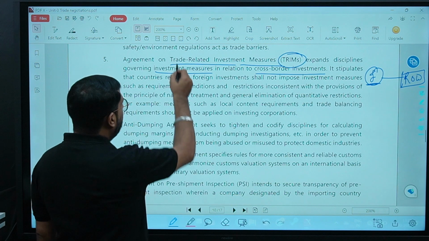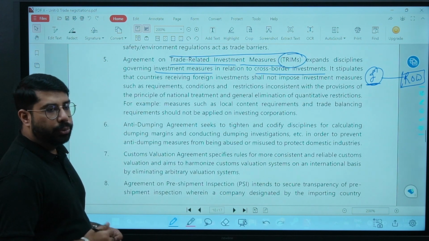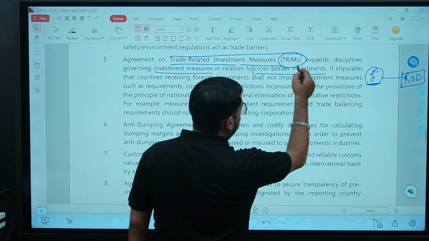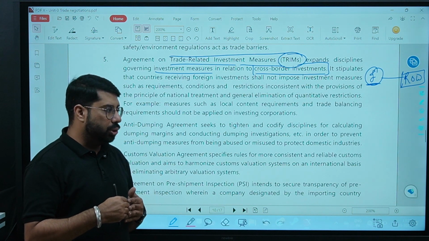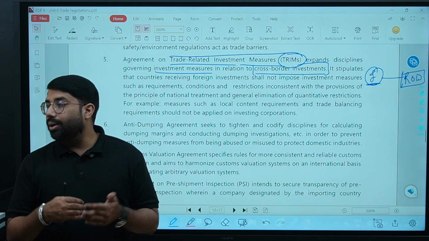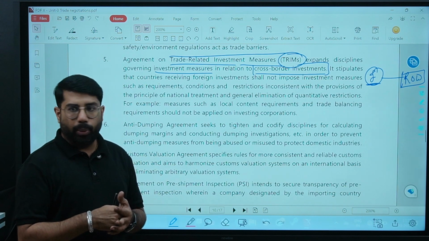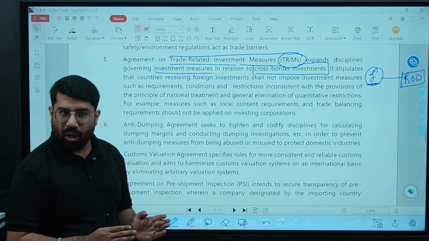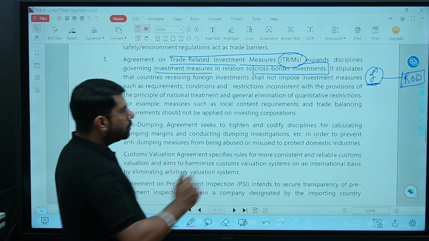So TRIMS are basically the agreements which set up the rules and regulations for cross border investment. It means when one country invests resources in another country, what will be the conditions, the terms, the rules and regulations on the basis of which this cross border investment will be done. Are we clear? So all those rules will be done under TRIMS.